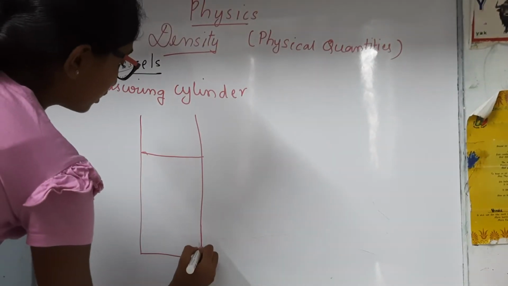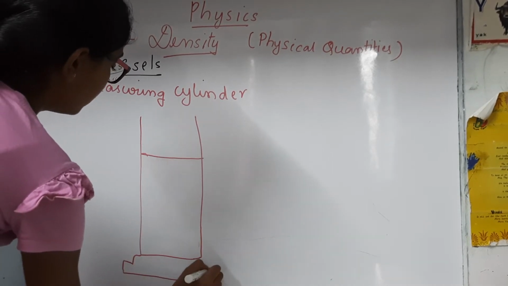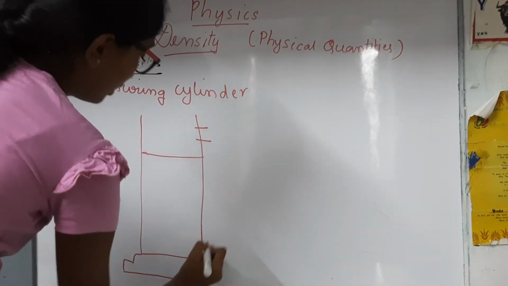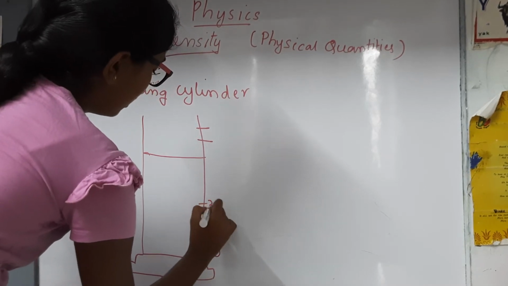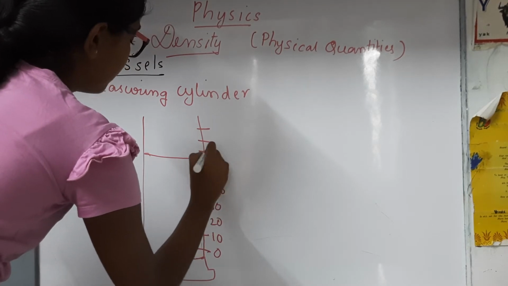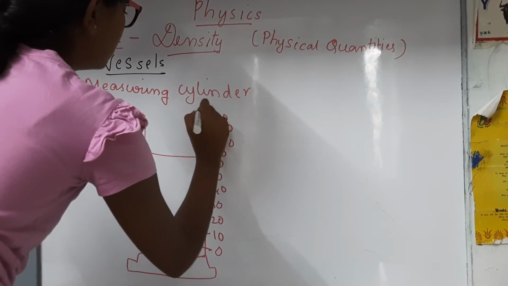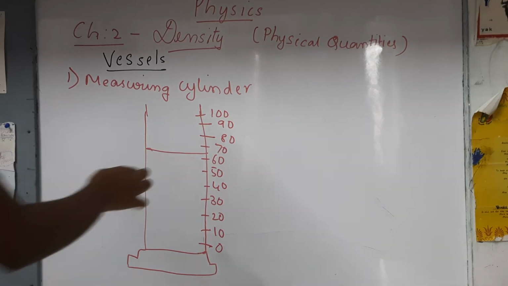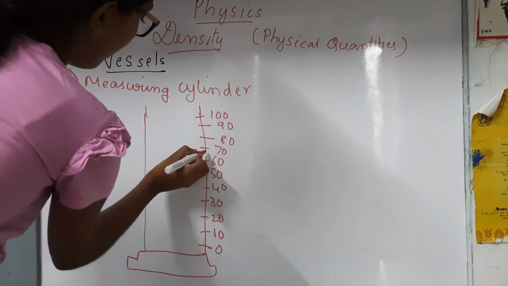They are like test tubes, but with a little variation, and they have markings on them. Let me mark 0, 10, 20, 30, 40, 50, 60, 70, 80, 90, and this is 100. So this is how a measuring cylinder is, and it has a fixed amount of volume.